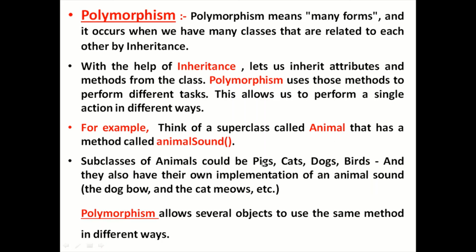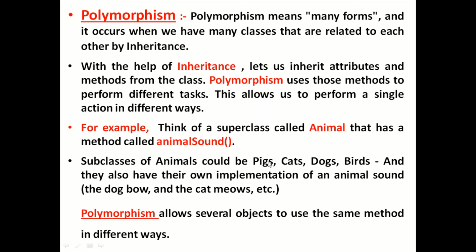And I have already told you each and every object, when we create it, must have attributes. Pigs will have different attributes, as well as cats and dogs, and similarly birds will have different attributes for each object, and they also have their own implementation of animal sound, isn't it?